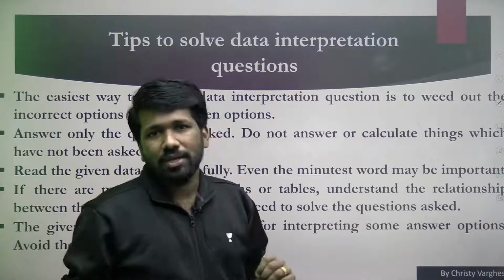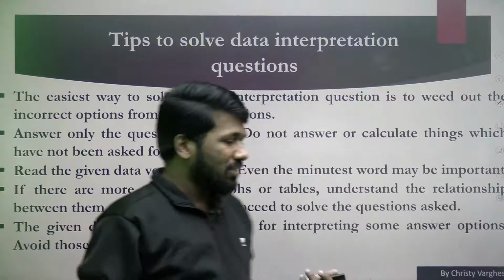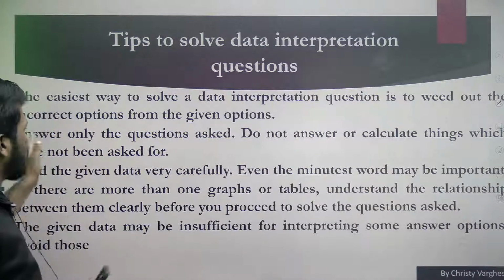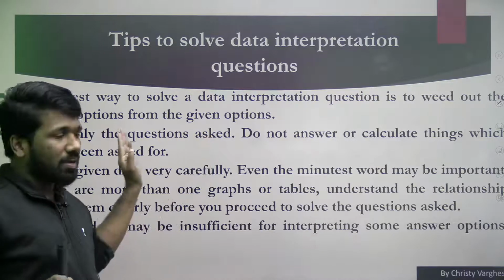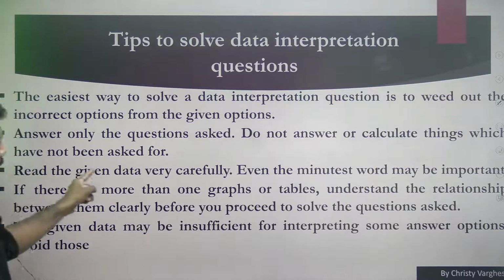In the question we just discussed, the kilometer column in the table was dummy data. Don't involve that in the calculation or the solution, because it is not relevant at all. So that is one thing you should be careful about. Calculate only the things that are asked. Read the given data very carefully.